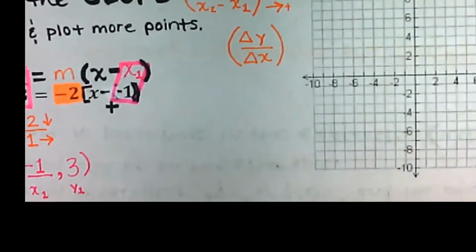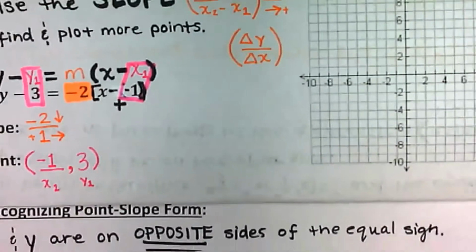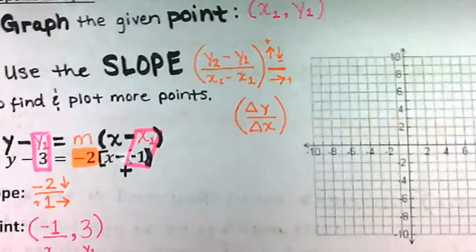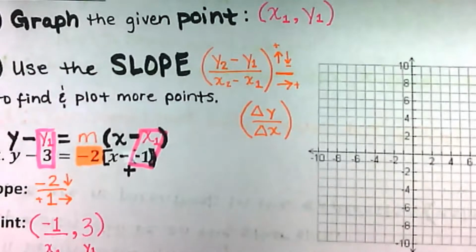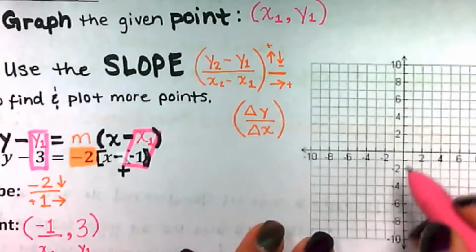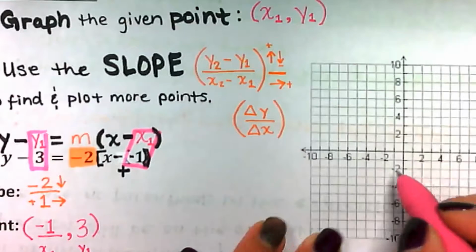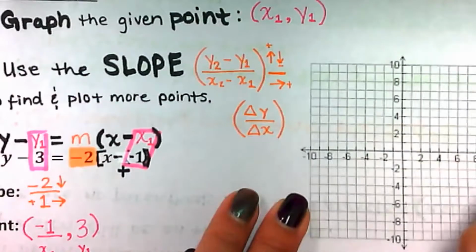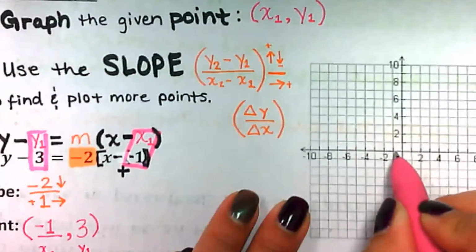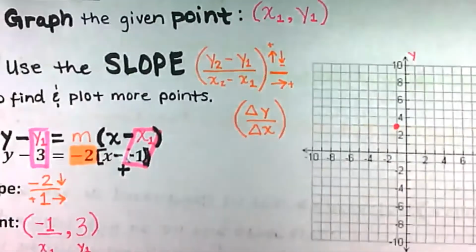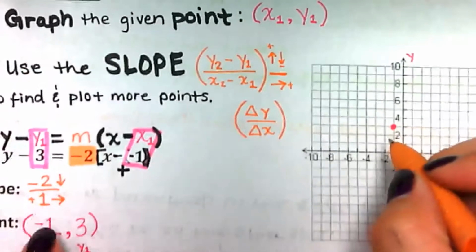So let me go ahead and zoom back out, move over a little. There we go, maybe a little bit more. All right, so we're going to graph the point. Negative 1, which is on the x-axis, and then positive 3 on the y-axis would be right here. Again, I'm going to follow my slope.